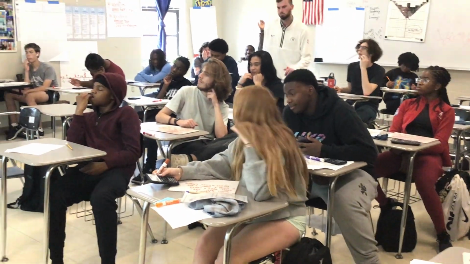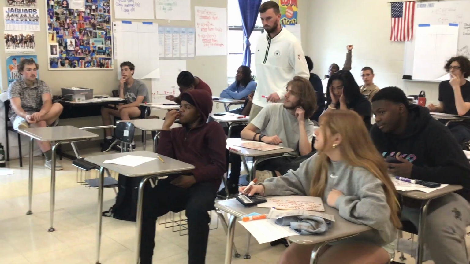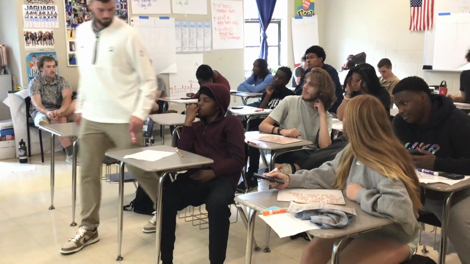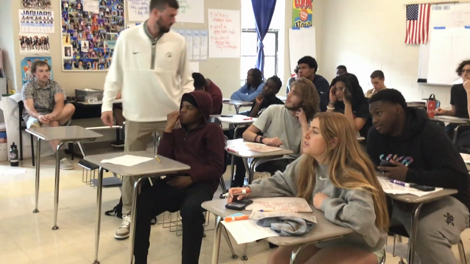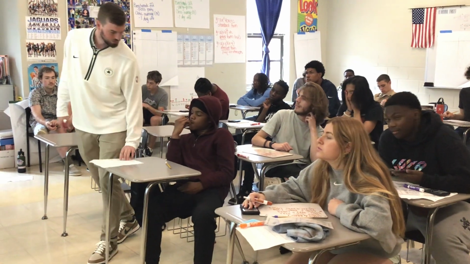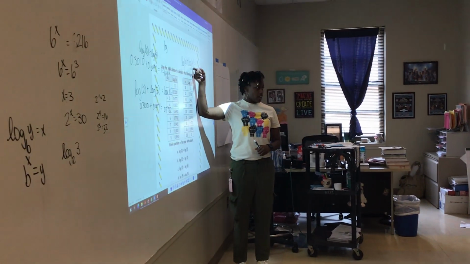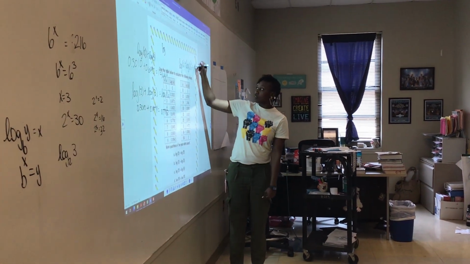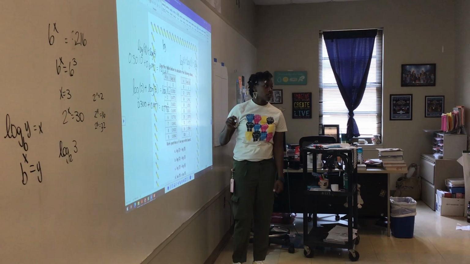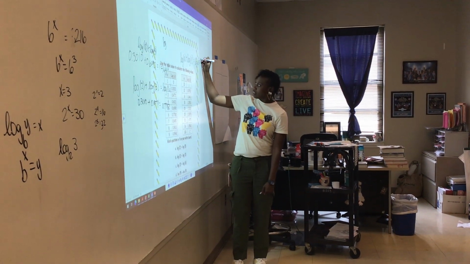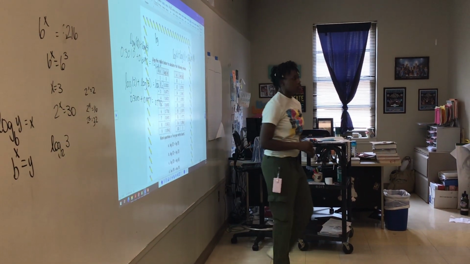Jackson, what do you think this is gonna end up being? All we gotta do is think about what do we do with 2 and 5 to get this number? What do we do with 2 and 3 to get this number? We multiply. So if we got log of x plus log of y, then this is gonna be equal to log of what? XY. That is our guess.